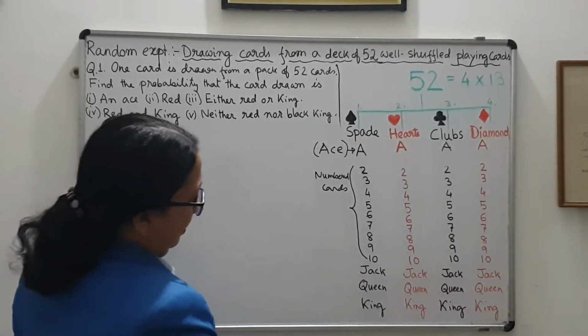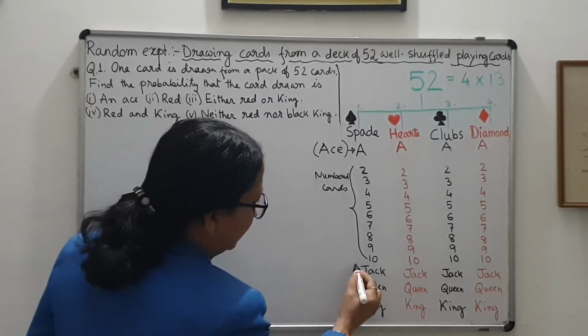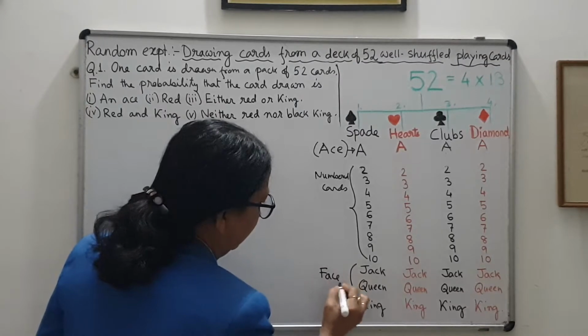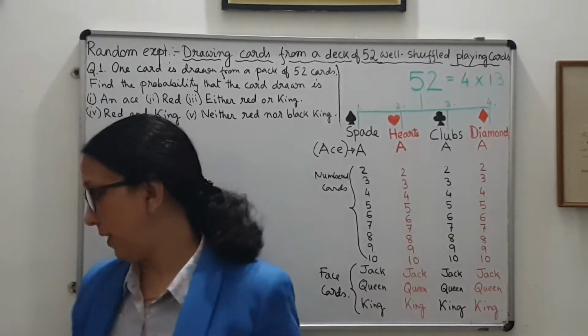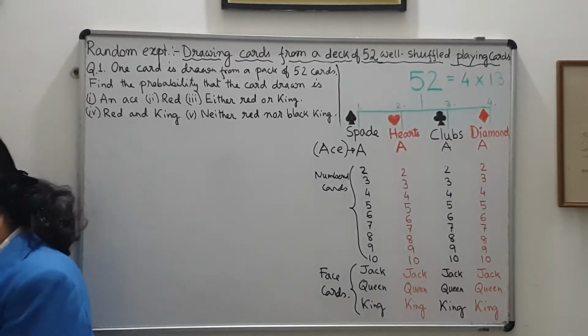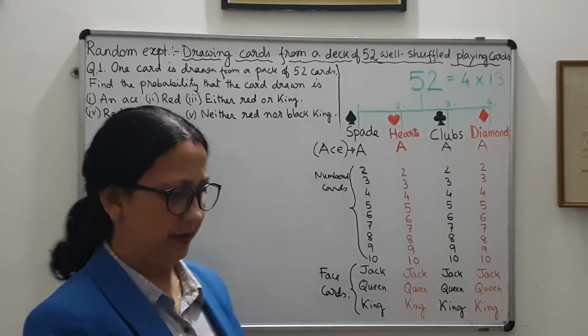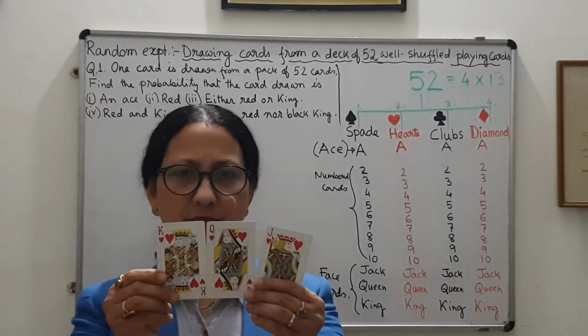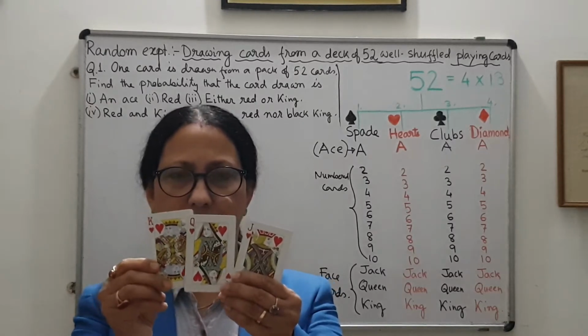Then there are 3 face cards. So let me show you why they are face cards. As you see in hearts, these cards are known as face cards, as a face is drawn on the cards.